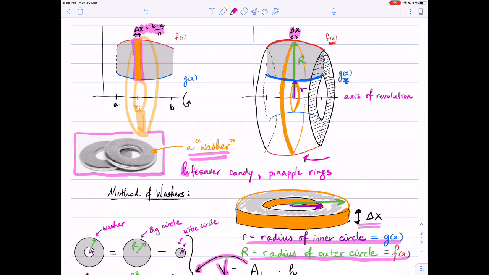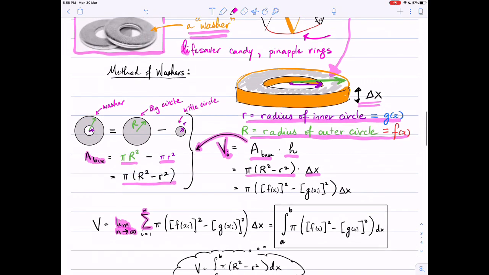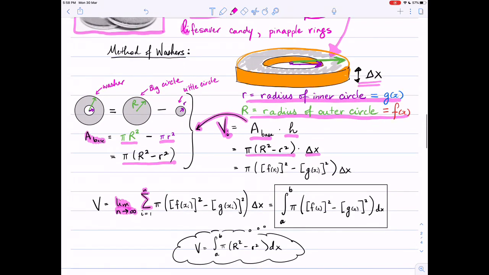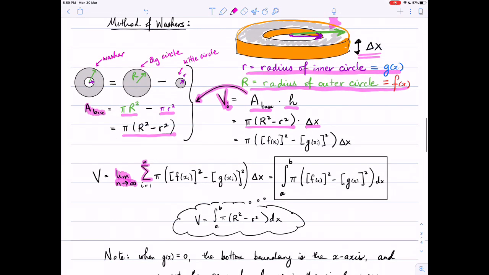And so when you look at these things on the washer, as it is lying flat, you can see the green and the purple are there, and so indeed the big radius R and the little radius r are f and g in order.